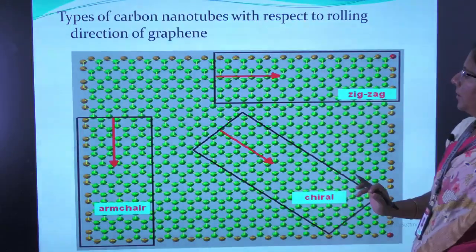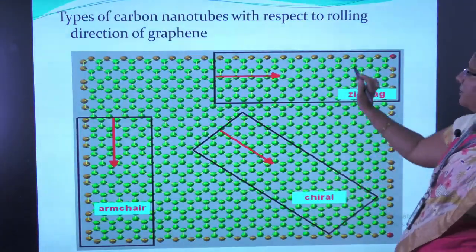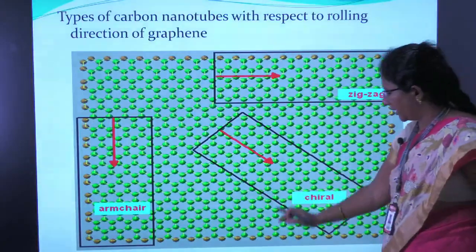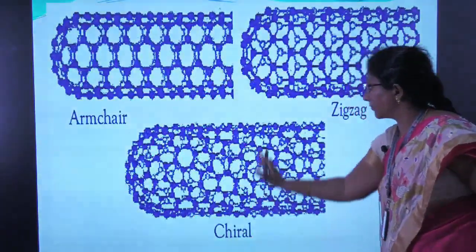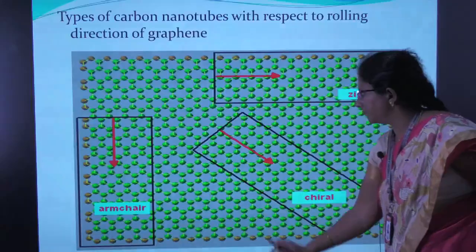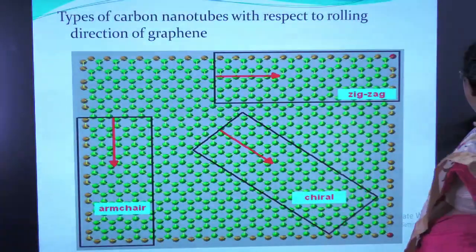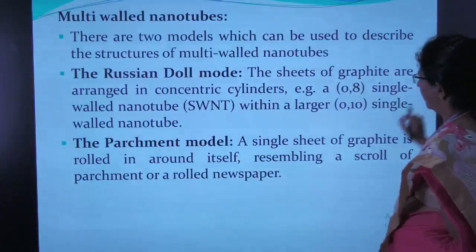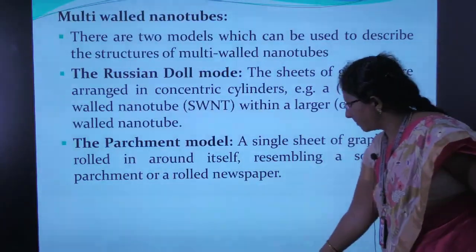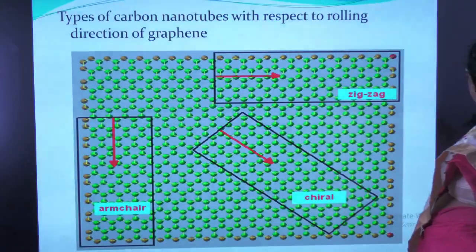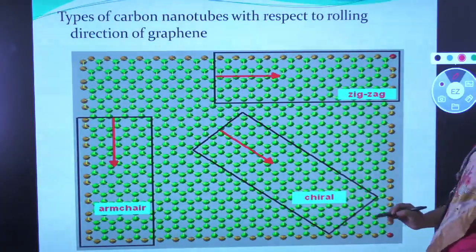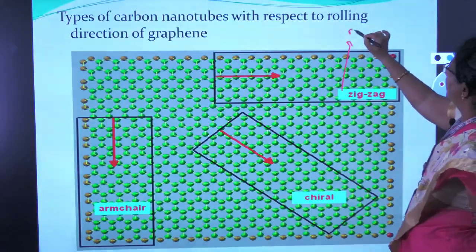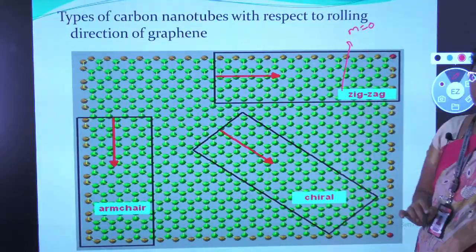See here, types of carbon nanotubes with respect to rolling direction of the graphene sheet. So with respect to the direction of the rolling sheet, you will be getting this type of structures. So before rolling, zigzag, as I have said, will occur when m is equal to 0.